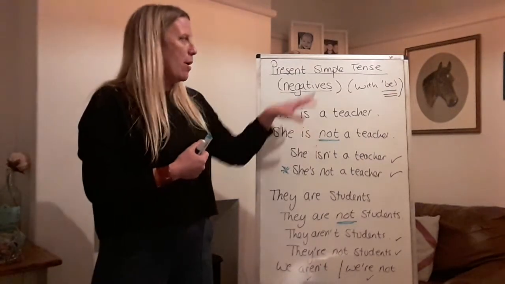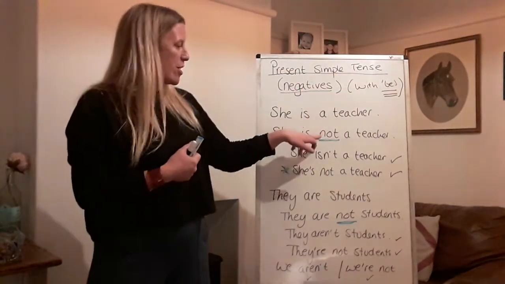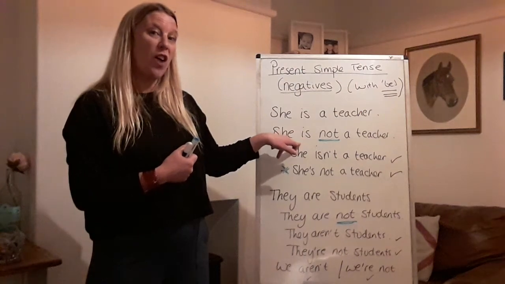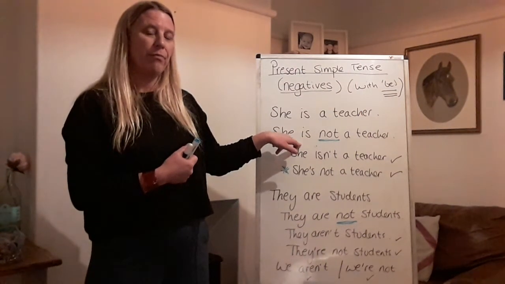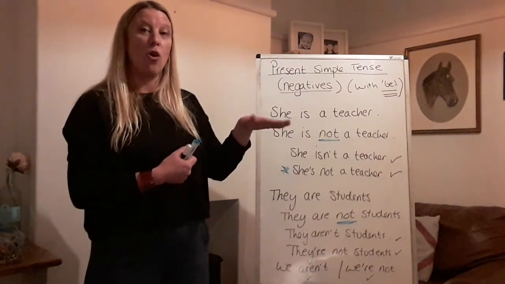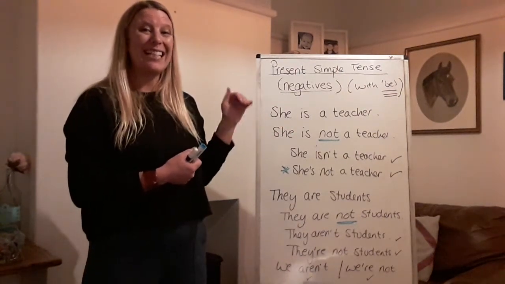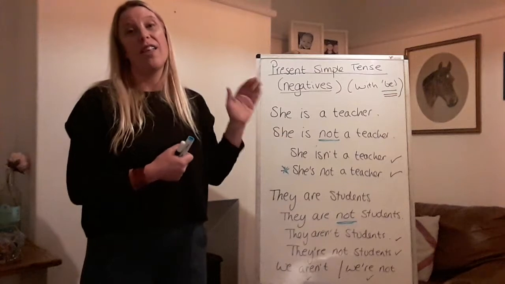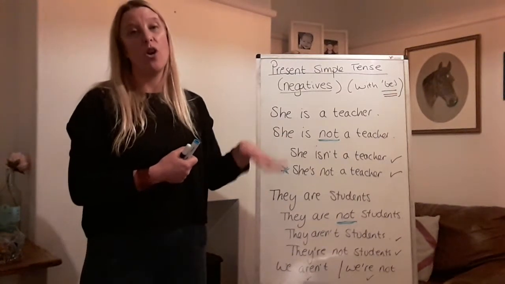But if you remember with be, in the negative, we just add not after the verb form of be. So I am not, you are not, he is not, she is not, it is not, you are not, they are not, we are not.